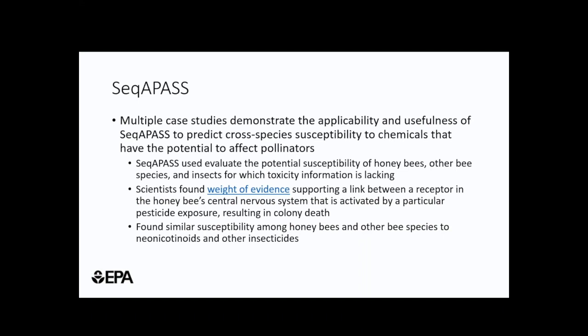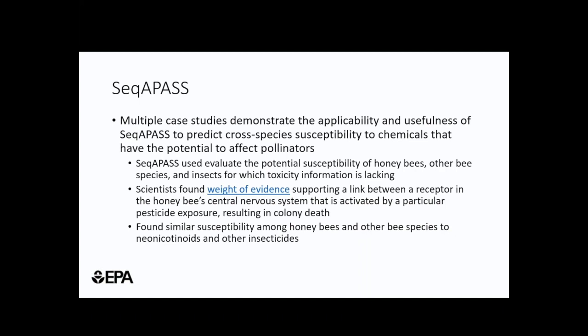Comparisons were made between a specific species of lepidopteran and other species of insects, such as bees, to see if they might be susceptible. What was found in that case study was that a number of species of lepidopterans maintain that protein structure of the target of those chemicals.